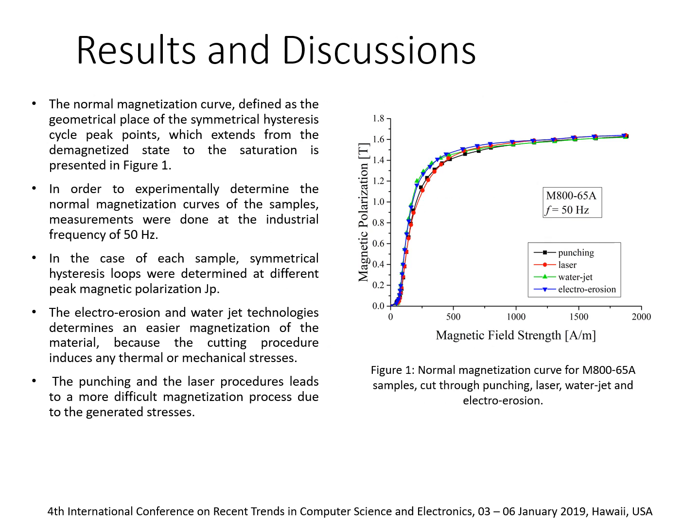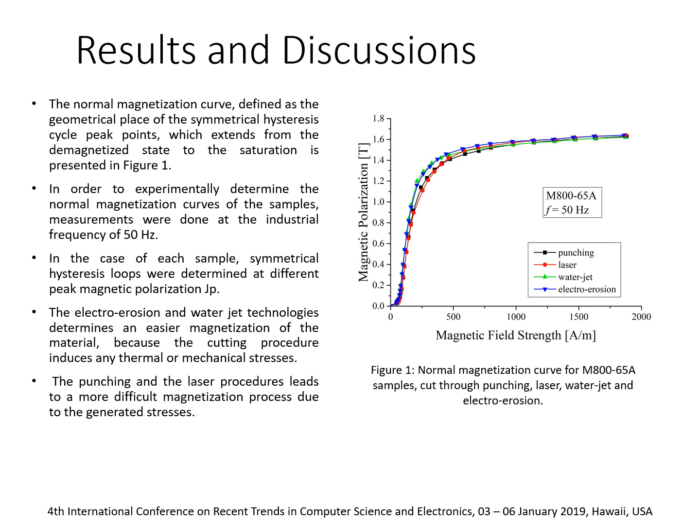Results and discussions. The normal magnetization curve, defined as a geometrical place of the symmetrical hysteresis cycle peak points which extends from the demagnetized state to the saturation, is presented in Figure 1. In order to experimentally determine the normal magnetization curve of the samples, measurements were done at the industrial frequency of 50 Hz.